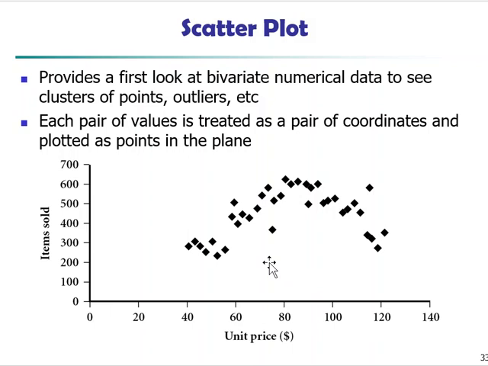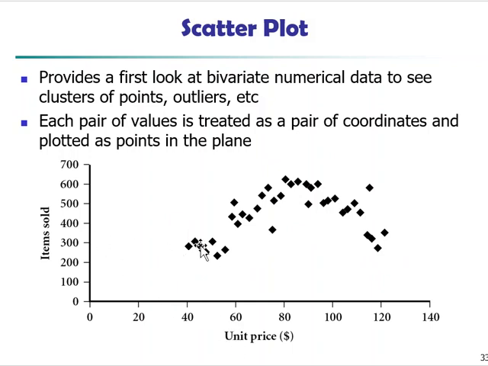So what we can see here, this is our first product. It has this unit price, and it has been sold 300 items. And this one has a price close to $8, and we sold close to 400 items, maybe in a week. What does this plot tell us? We can see from this plot potential relations between unit price and items sold.